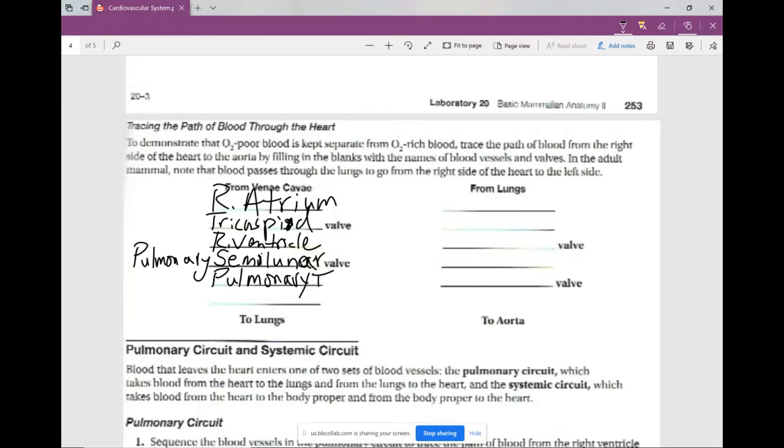This is the artery before it splits. This is the part of the artery before it splits into the pulmonary arteries. I hope you guys can be a little bit neater than I am. All right, and it goes to the lungs.